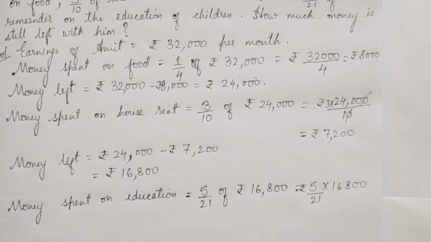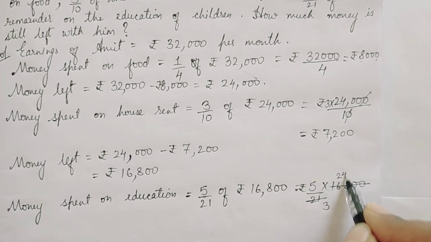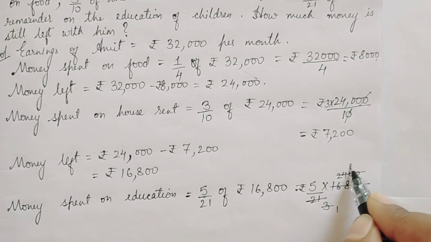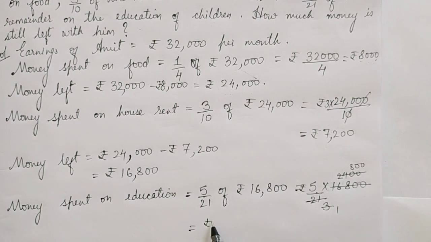Now we can cancel by 7. 7 3s are 21, 7 2s are 14, and then 4, and then 00. Then 3 1s are 3, 3 8s are 24, 800. So now 8 5s are 40. So 40 along with 2 zeros. So money spent on education is 4,000.